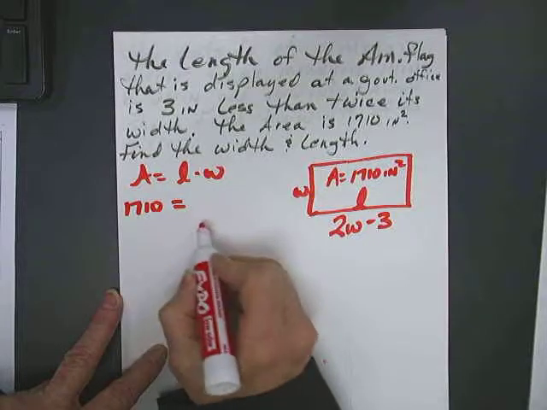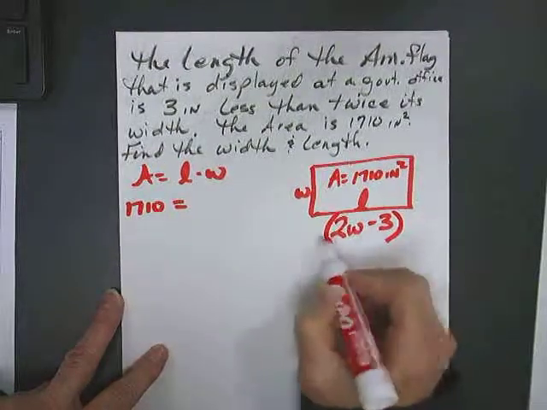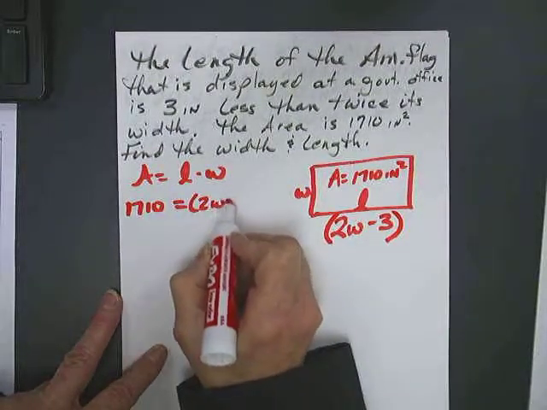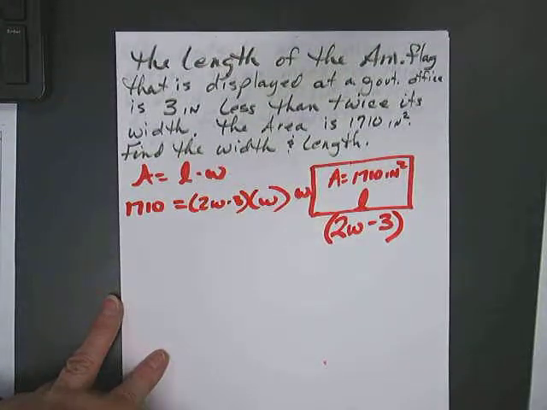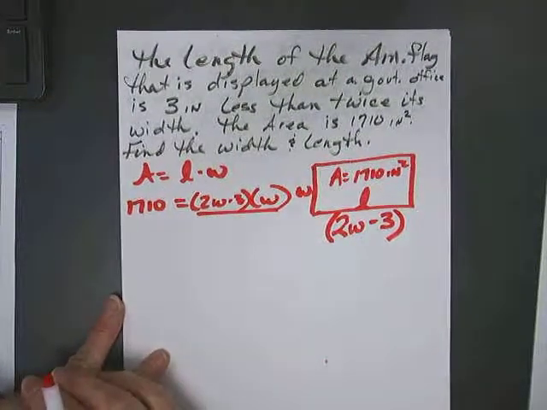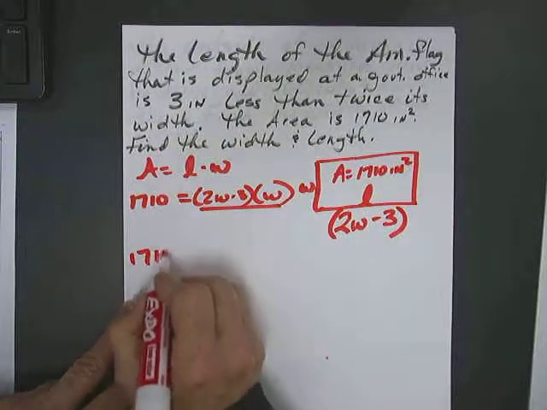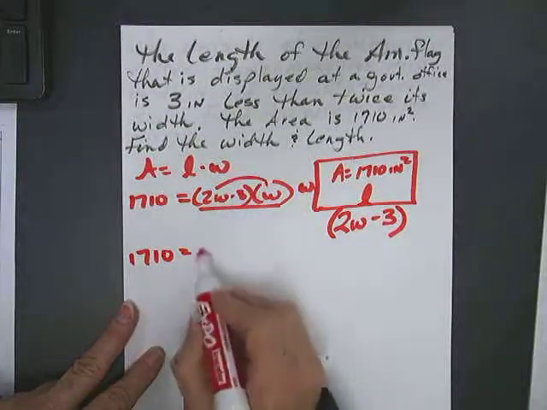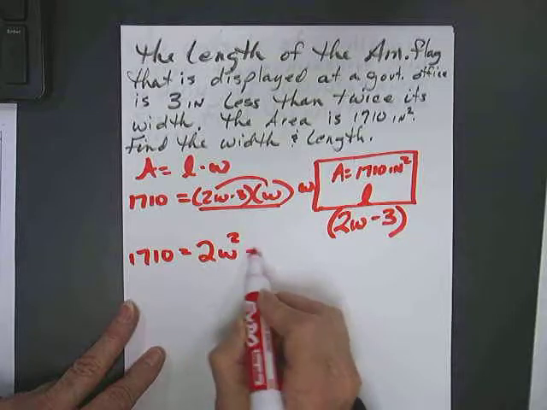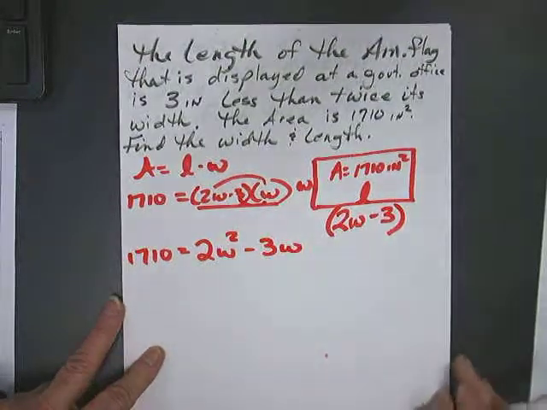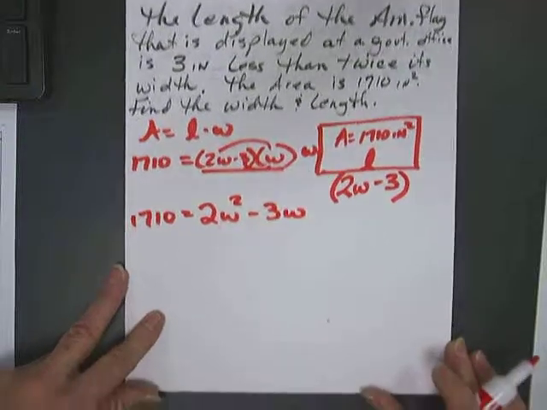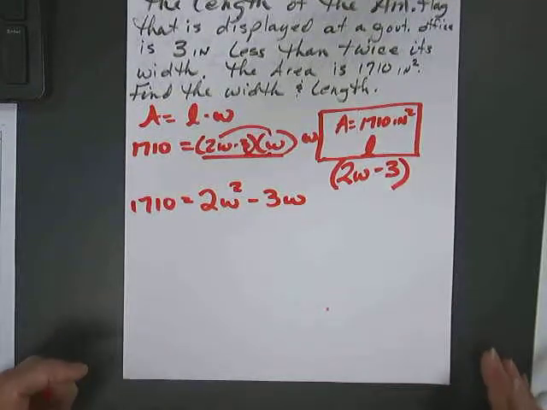Area, length times width. So we have 1710 equals the length times the width. Multiply that. 1710 is 2w squared minus 3w.